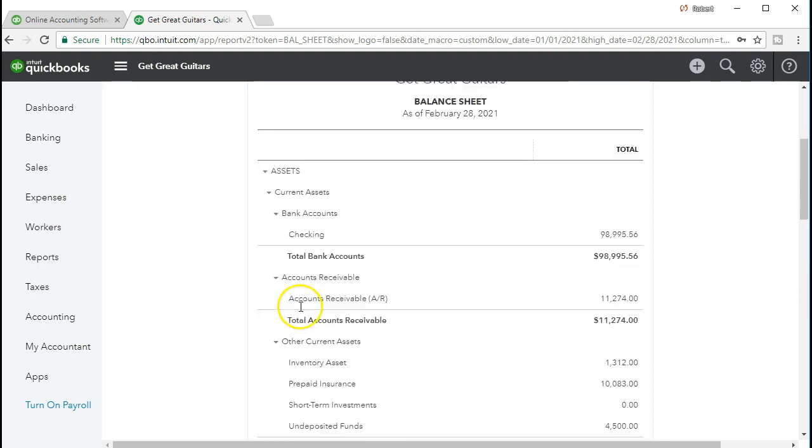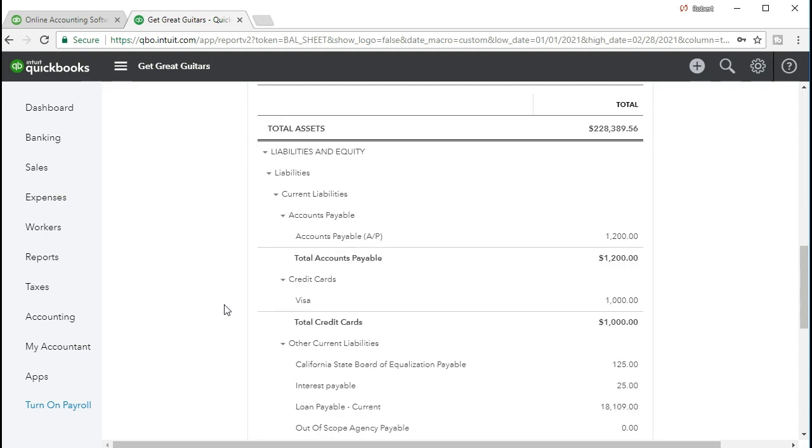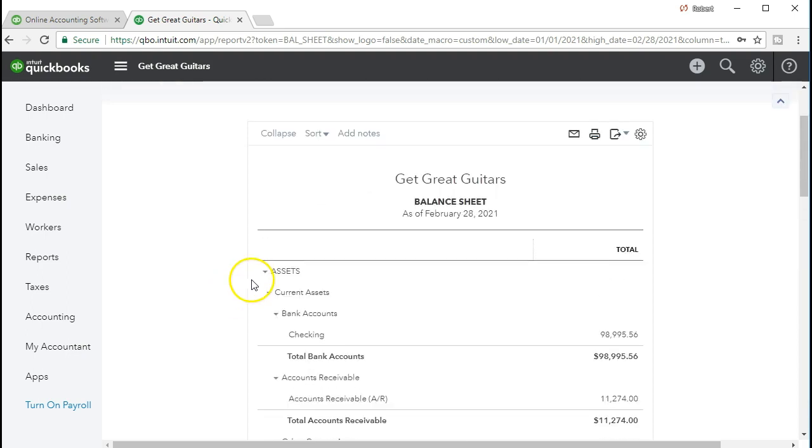Now, if we scroll back up, of course, the three components of the balance sheet, whether we're talking theory or QuickBooks, will always be assets, liabilities, and equity. And the balancing will be assets equaling liabilities and equity. We could see this if we start looking at these little arrows here that will crunch the numbers up.